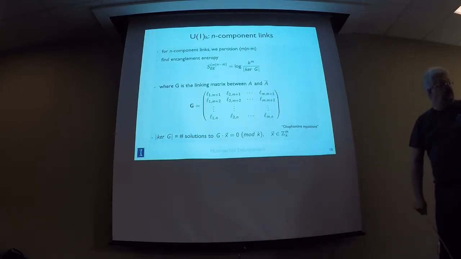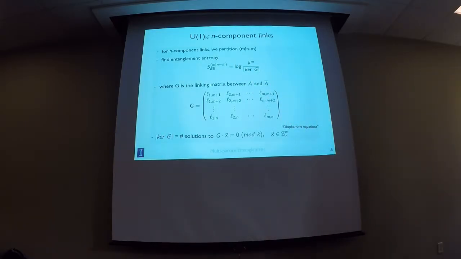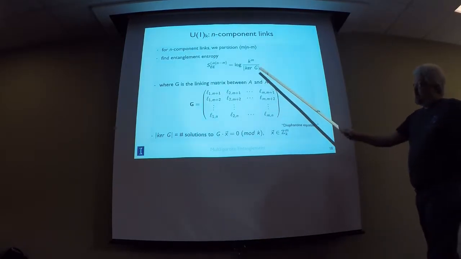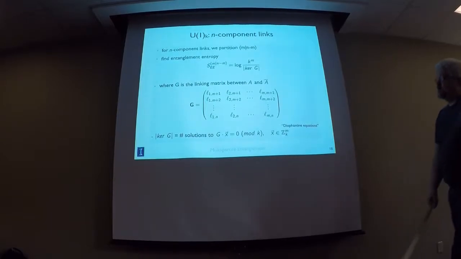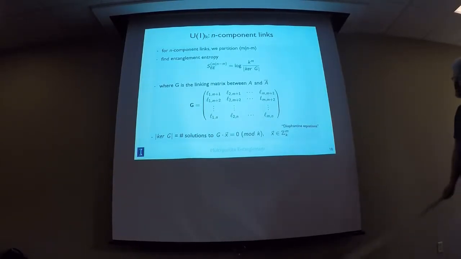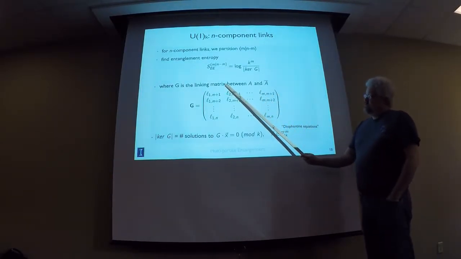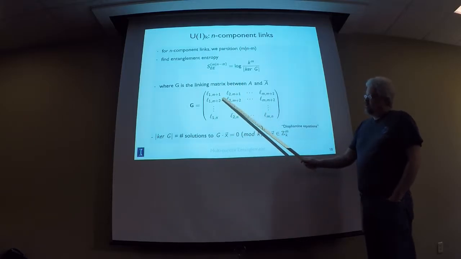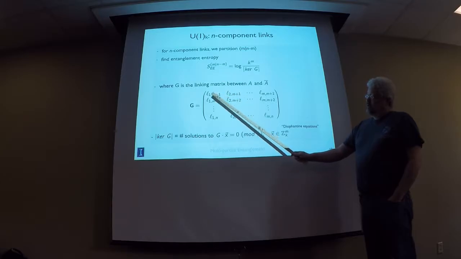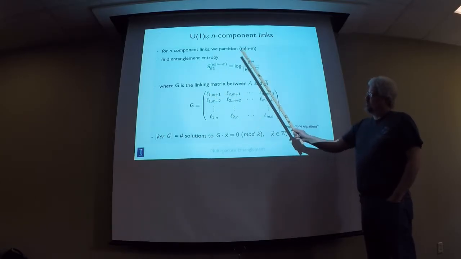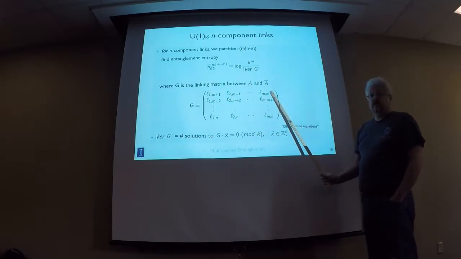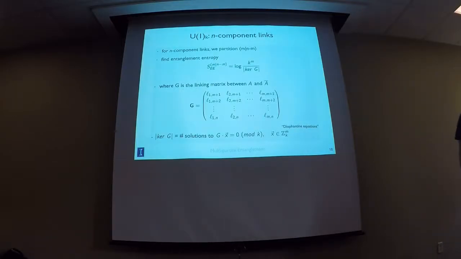It's the log of k to the m, where m is the number of remaining components, divided by some factor that I'll call the kernel of G. G is a linking matrix. It's the matrix you would form out of the linking numbers between loops in the first set, 1, 2 through m, and the loops in the second set, m plus 1 through n.